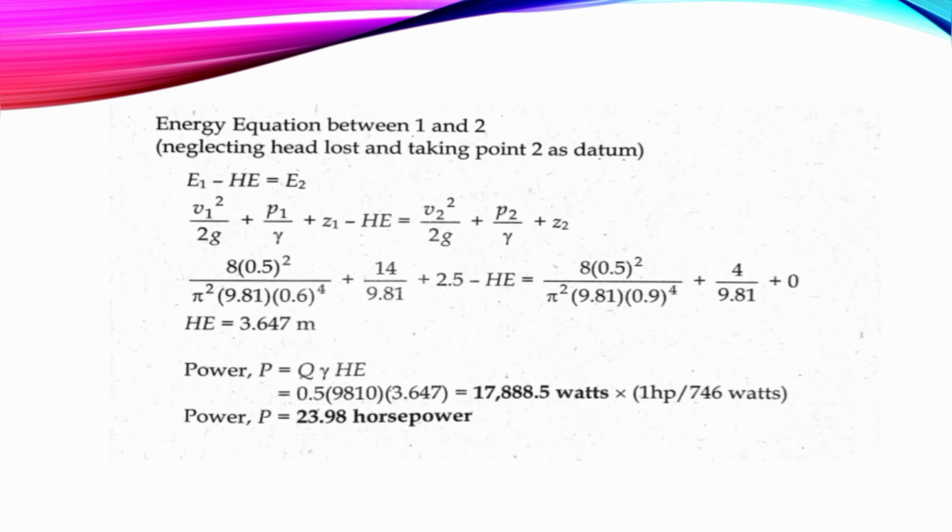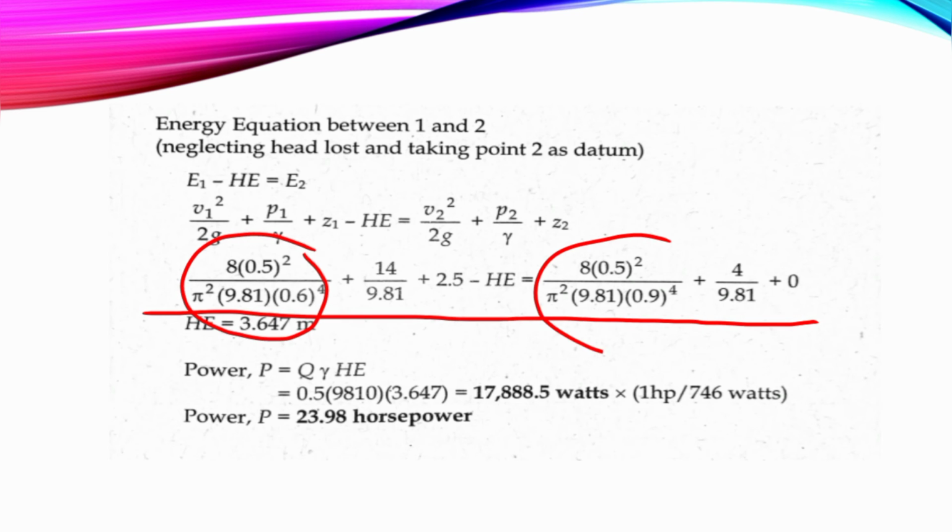Since the discharge is already given, the velocity head will be replaced by the equation from equation 9, which is used for circular pipes. That's why we have this formula right here. These two formulas are from equation 9.